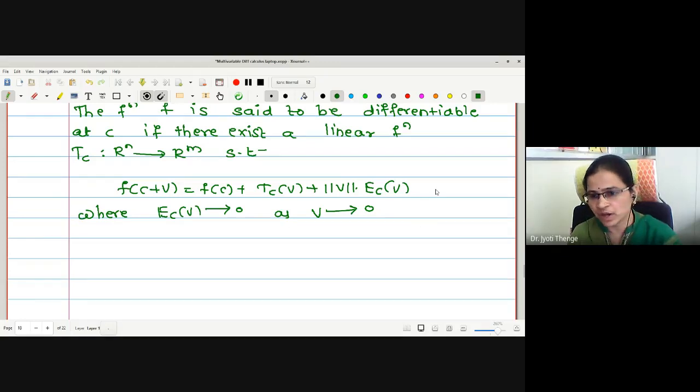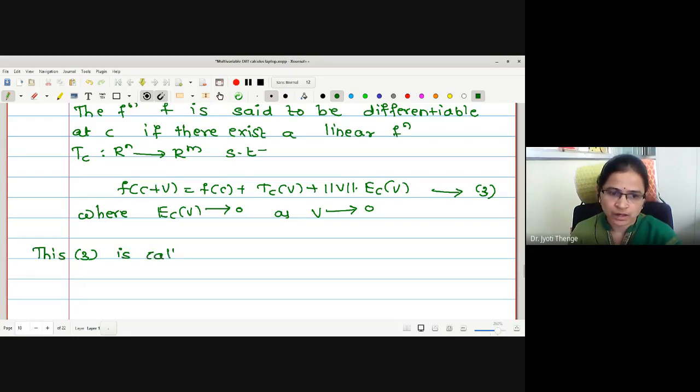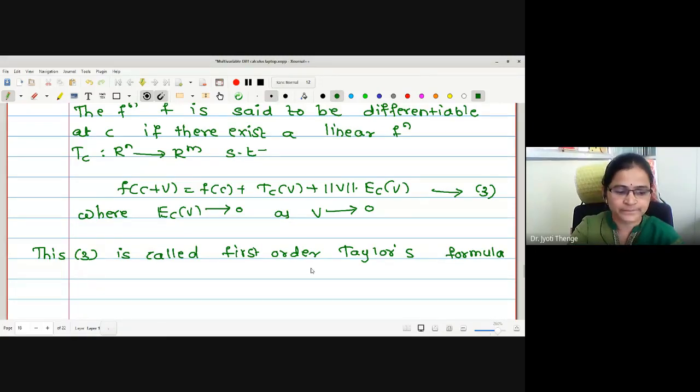Okay, let me write this to be statement number 3. This 3 is called Taylor's first order formula. First order Taylor's formula. Is it okay?